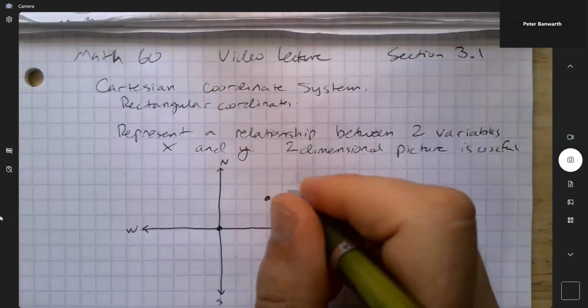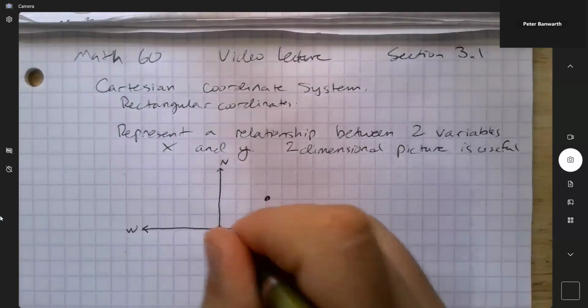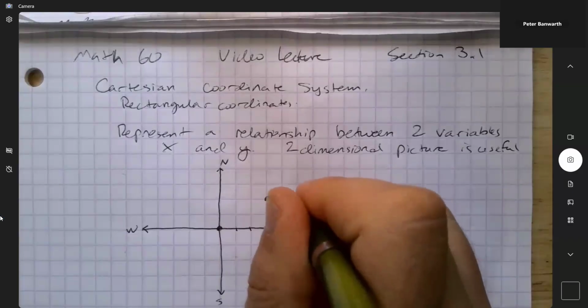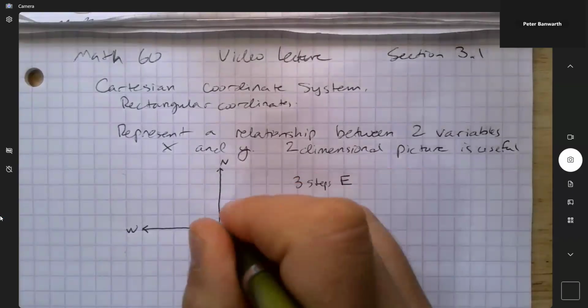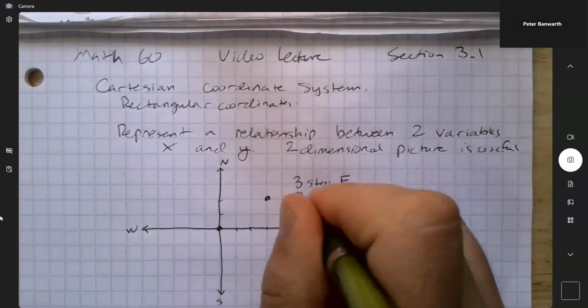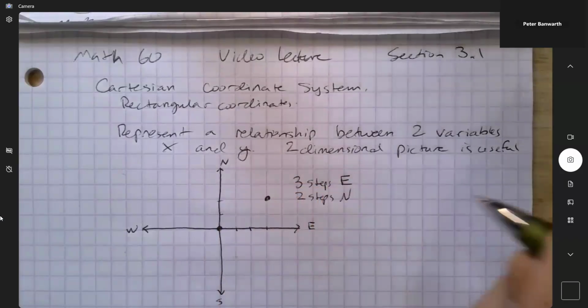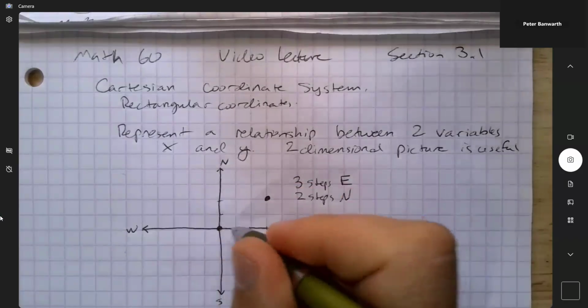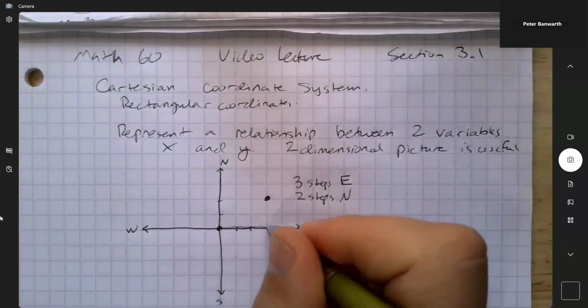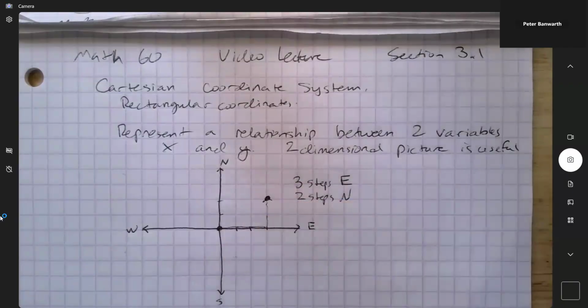So this point right here is 3 steps east, and 2 steps north. So if I had to get to this point, someone could tell me to take 3 steps east and 2 steps north, and that would get me right here.